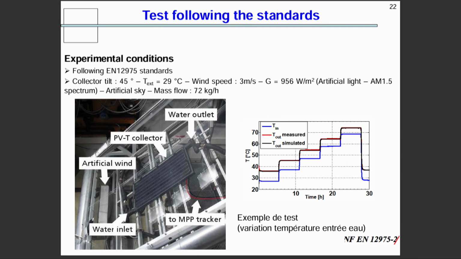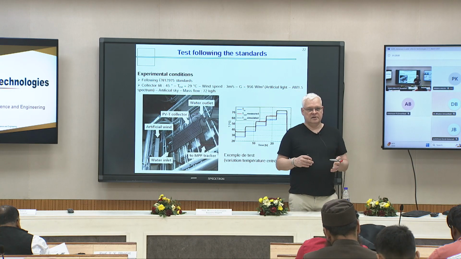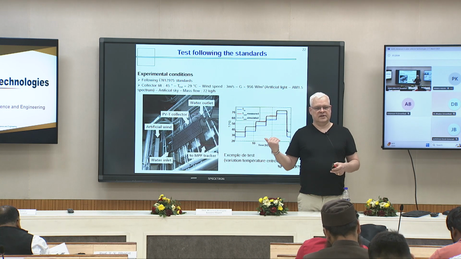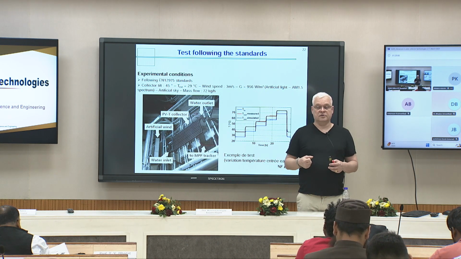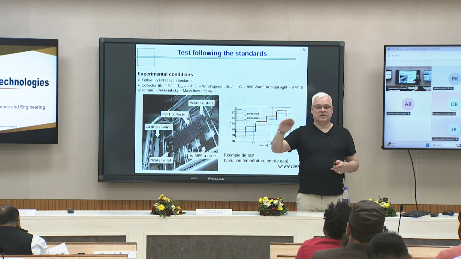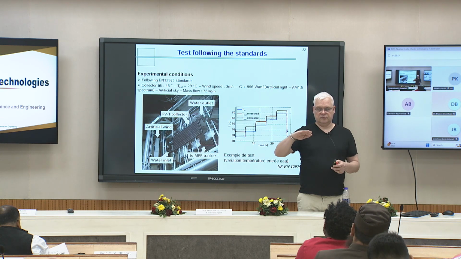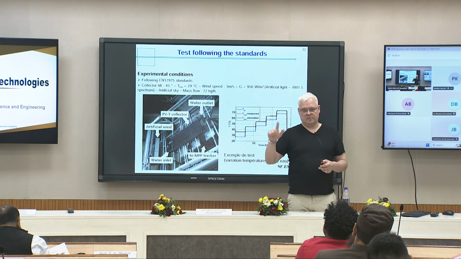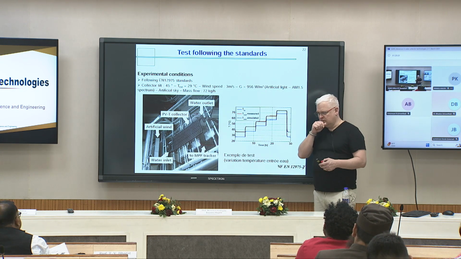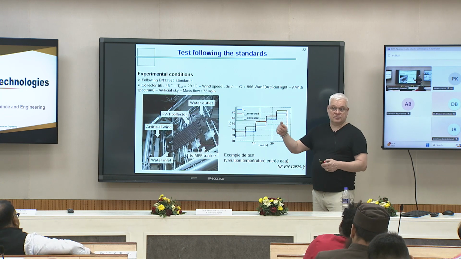The tests for a solar thermal collector follow standards. Of course, the efficiency depends on the radiation and on the external conditions, so ambient temperature, wind. So the standards, you have to test it under 1 meter per second of wind velocity, temperature, and the inlet temperature.